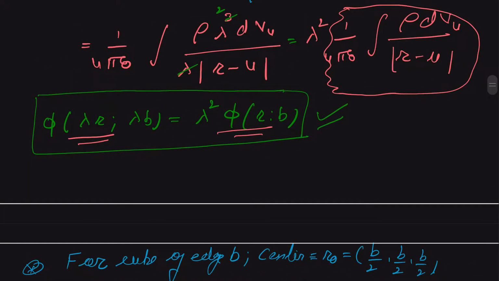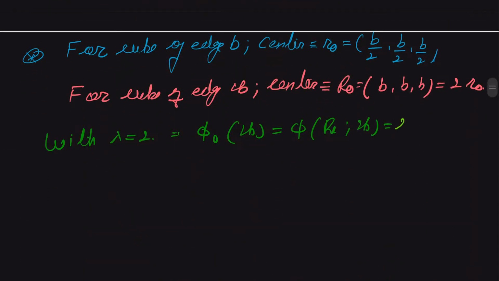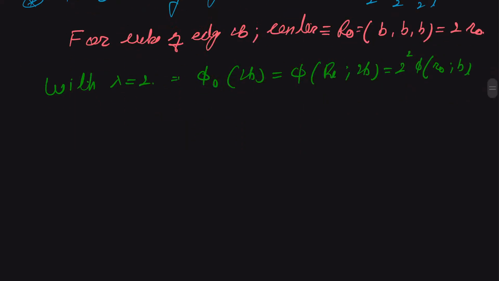Lambda is 2, so this comes as 2 square phi of r naught, b. Therefore, this will be equal to 4 times phi of r naught, b. So we got the relationship for the scaled length also.